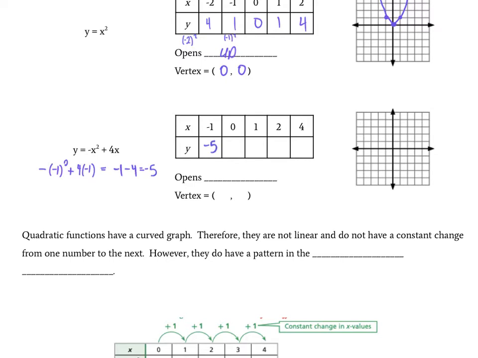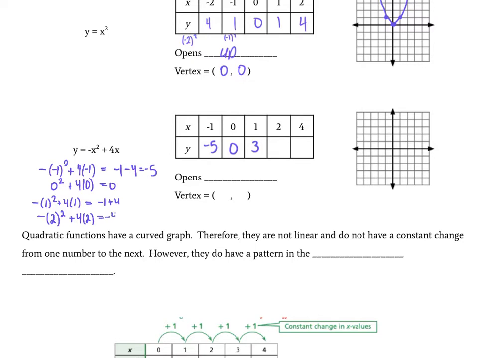If I plug 0 in for x, 0 squared plus 4 times 0 is 0. If I plug 1 in, negative 1 squared plus 4 times 1 is going to be negative 1 plus 4, so that would give us 3. If I plug 2 in for x, I have negative parentheses 2 squared plus 4 times 2.